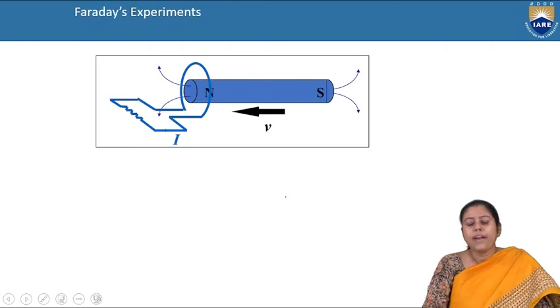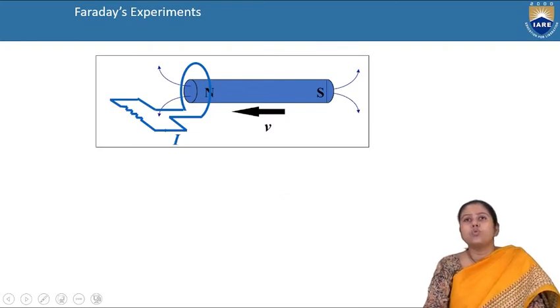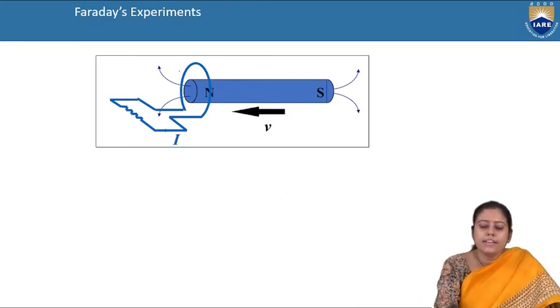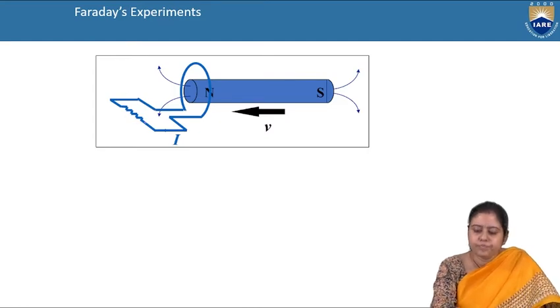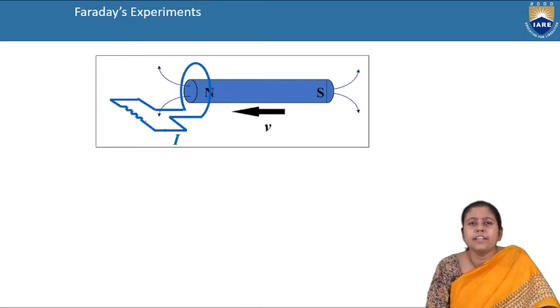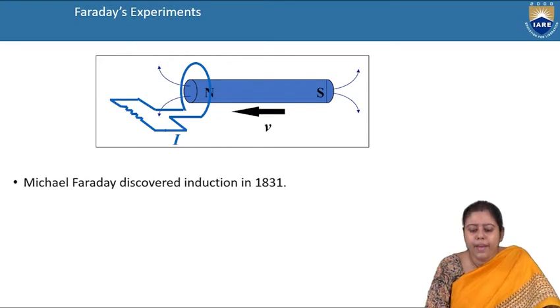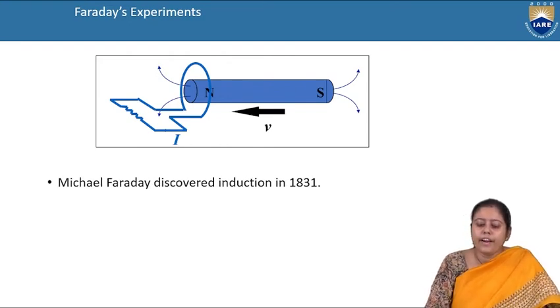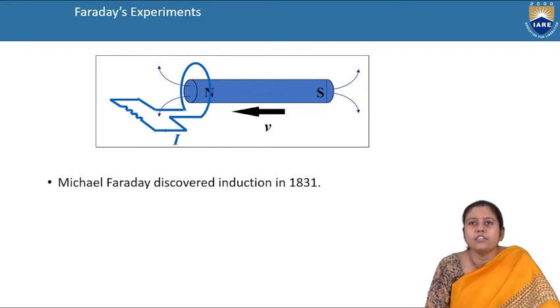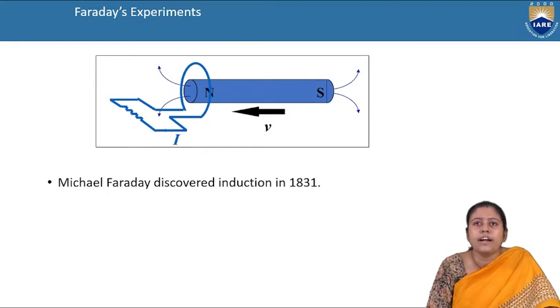So what experiment did Faraday do? He took an electromagnet and connected a simple coil to it. Michael Faraday first discovered Faraday's law in the year 1831, and after almost 200 years, it is still in use.